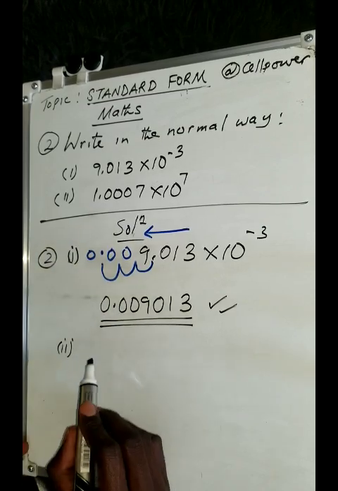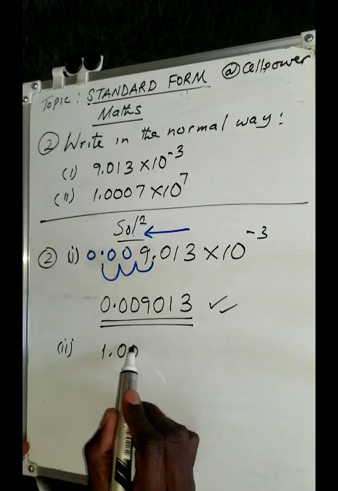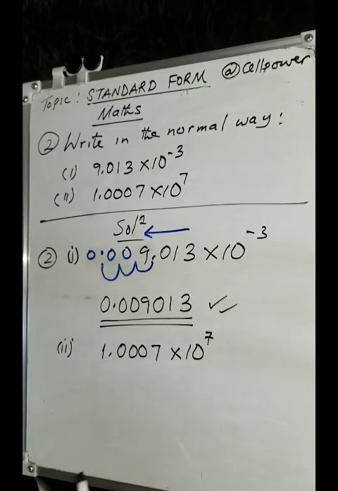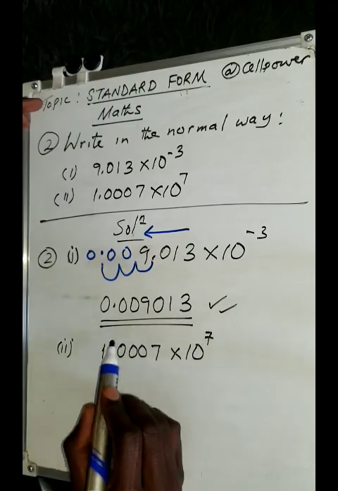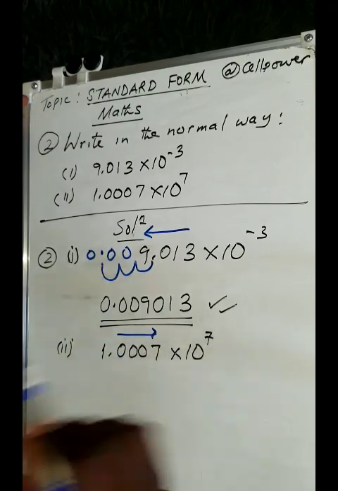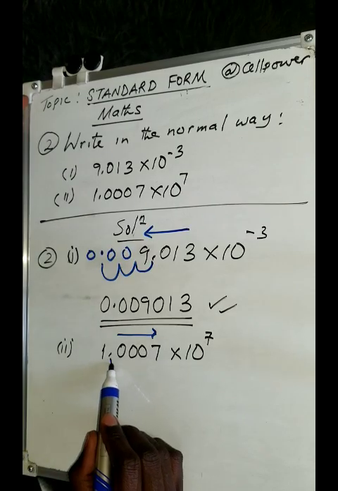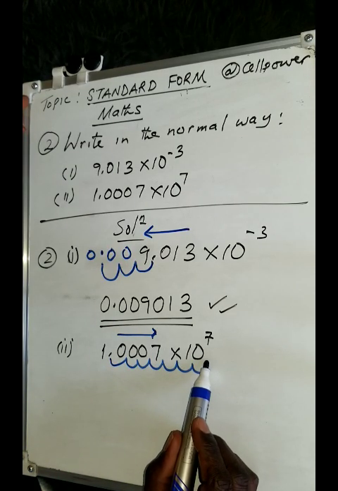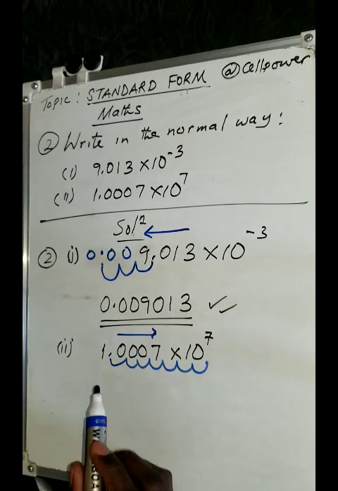The second one there says 1.0007 times 10 to the power 7. What does that tell you? Well, because that's positive, the decimal point is going to your right, and you need to move it 7 times. So it will be 1, 2, 3, 4, 5, 6, 7. So look at how many zeros we are going to have there.